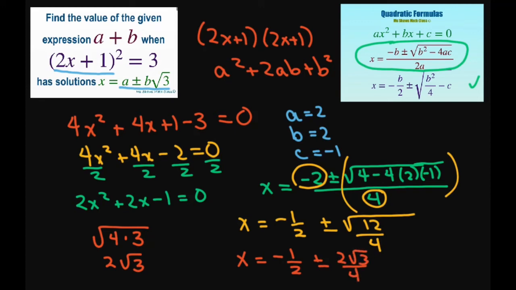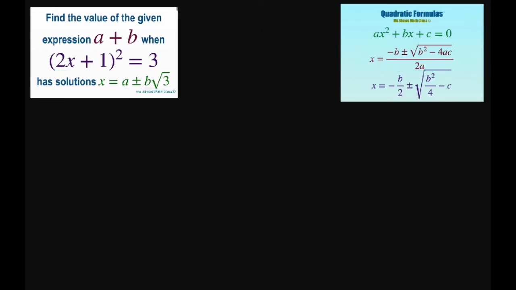This can change to 1/2. So I'm going to write this again, and make that a 2. So x equals negative 1/2 plus or minus square root of 3 divided by 2.